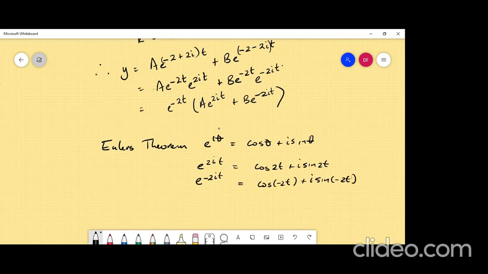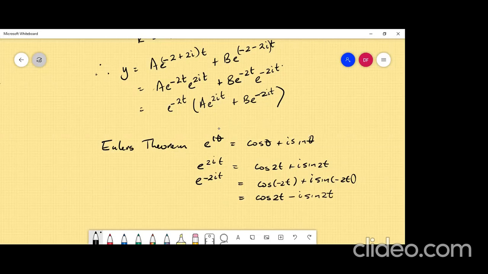But they tell you in trig class, cos of minus theta and cos of theta are the same thing, so you're going to get cos 2t. And the sine of minus t is minus sine t. Let's put the minus outside.